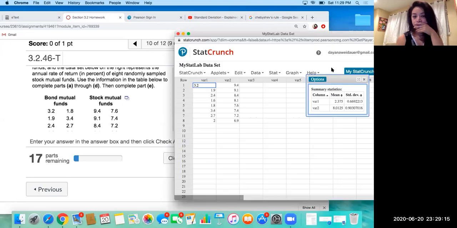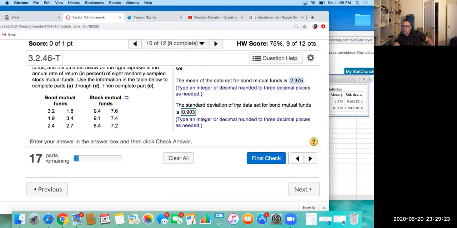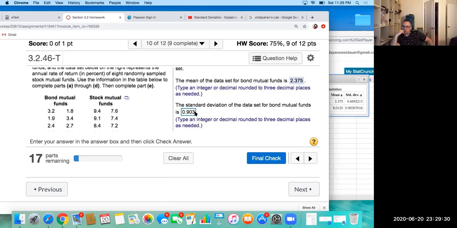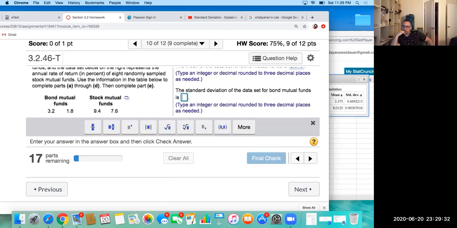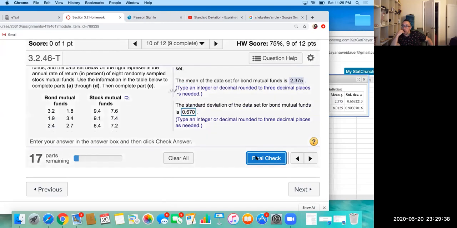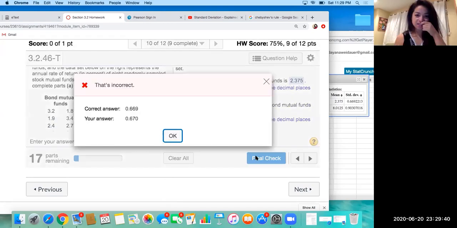Okay, so this is variable 1, which is the bond, correct? And this is the stocks. So bond and stocks. So this is the standard deviation, 0.670. Right? Isn't that what I put the first time? I don't remember. 669.